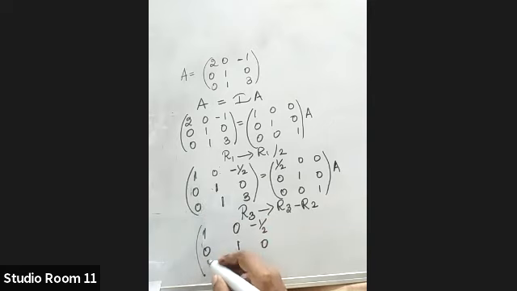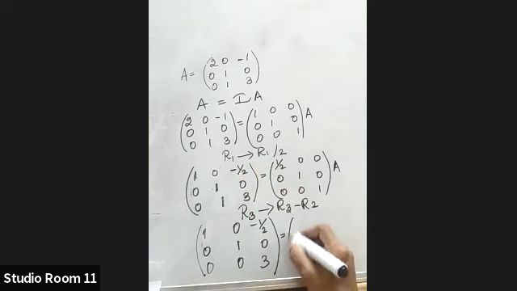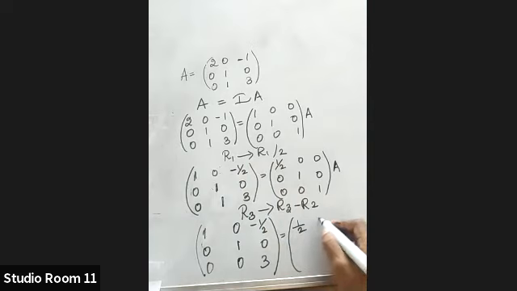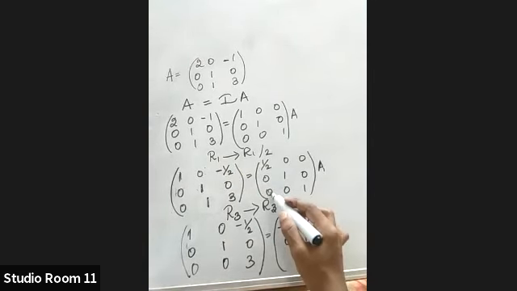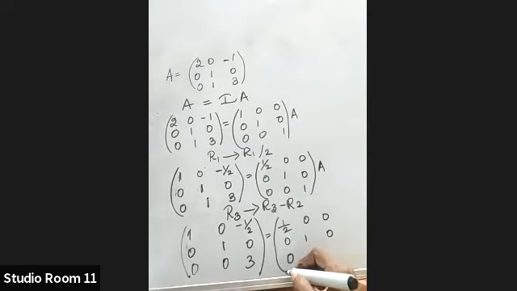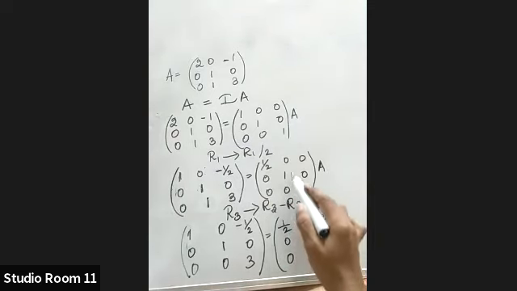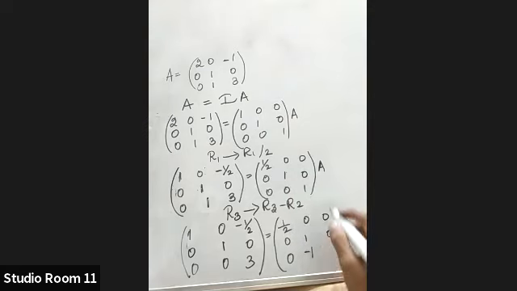R3 minus R2: 0 minus 0, 0. 1 minus 1, 0. 3 minus 0, which is 3. Equal to, here also it is half, 0, 0. Second row, no change. Third row will become R3 minus R2. 0 minus 0, it is 0. 0 minus 1, it is minus 1. 1 minus 0, it is 1. Into A.